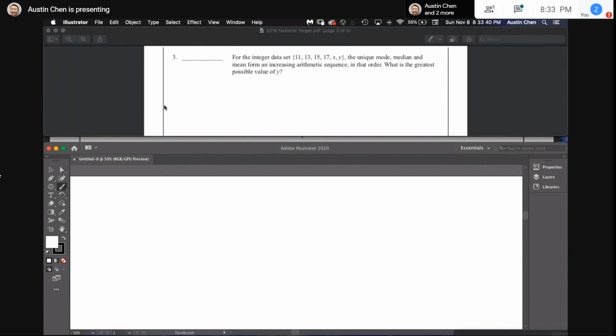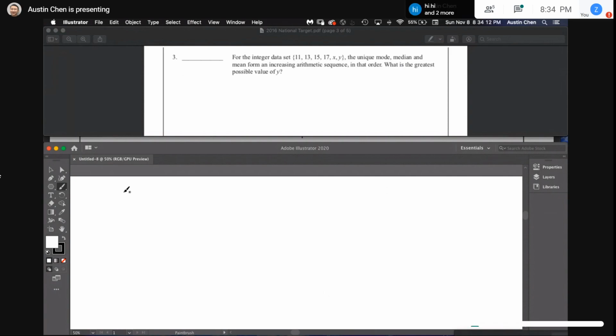So maybe we should look at the mode first because that's easy to think about. So there's a unique mode, right? The mode is the number that occurs the most.